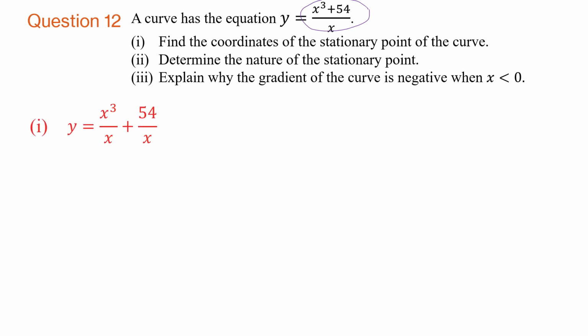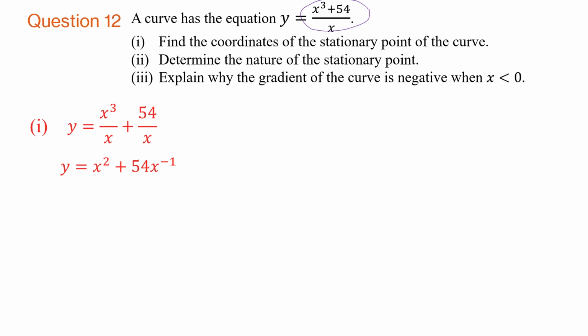In this case, we can simplify it further by splitting it into two fractions to get x squared plus 54 over x. Why do I change the 54 over x into 54x to the power of negative 1? Because I need to apply the power rule, so I need to change this to a negative index.